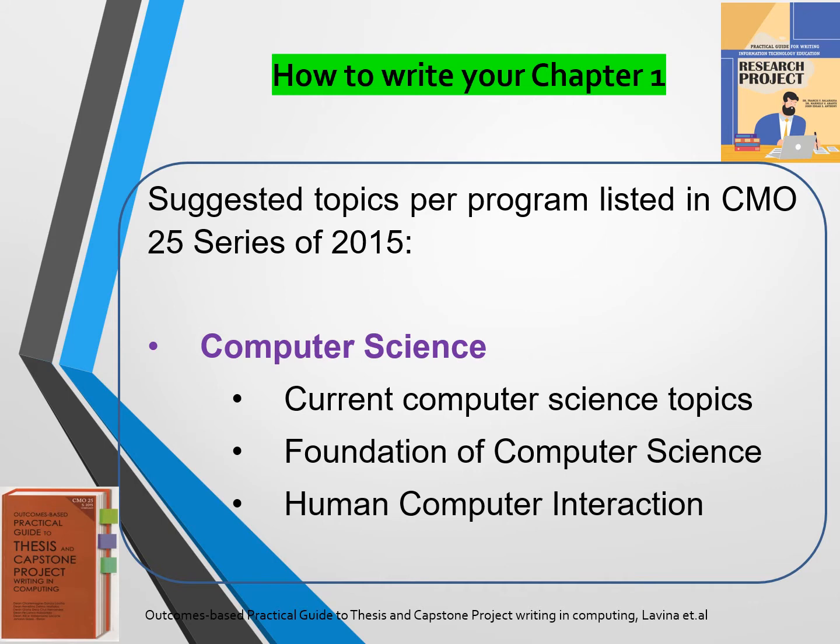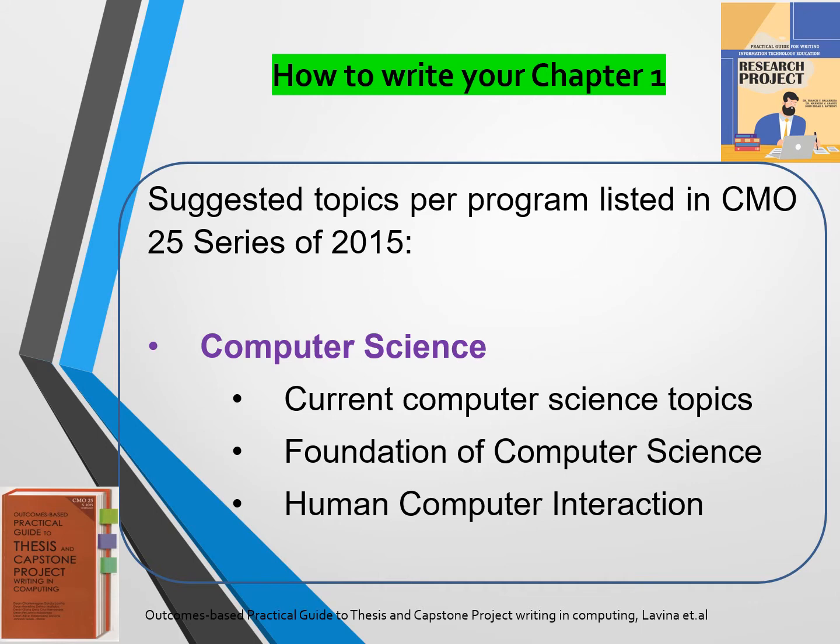For computer science, in current computer science topics, of course, software and development theory, mobile computing systems, software extensions or plugins, expert system and decision support system, system software, so for example, software tools, utilities, interpreters, simulators, compilers, and security aspects.